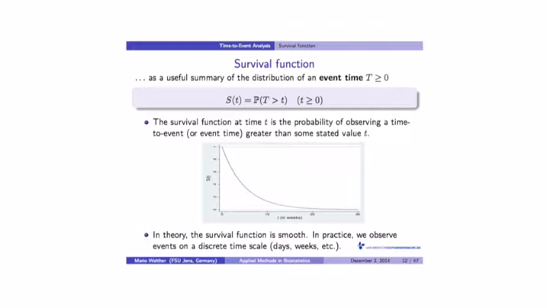Does that mean that you have to find a fixed time point? No. The definition is for each time point in your study. So you look at each time point, and for each time point, you ask for the probability of being event-free up to that time point. You can ask for the probability of being event-free up to this point, or up to this point.